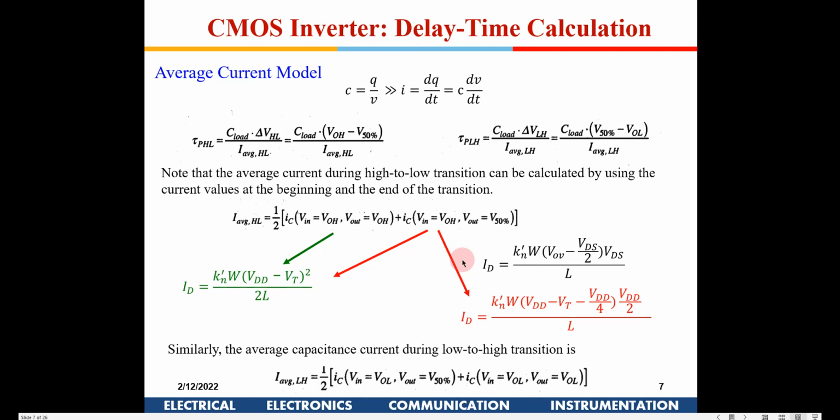For example, if I am using 45 nanometer technology, the VT is around 0.6 volt and VDD is 1 volt. Can anybody guess at 50% whether it will be in saturation or in linear region? VDD is 1 volt for 45 nanometer and VTH is 0.6 volt.